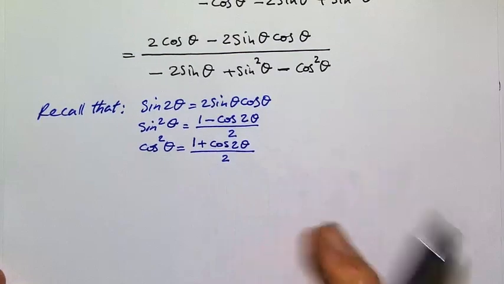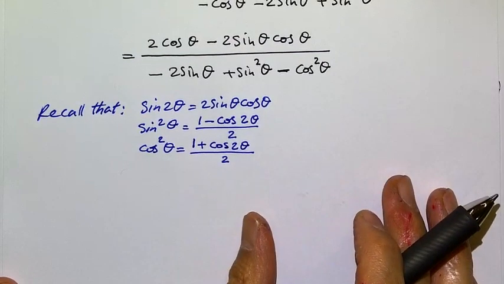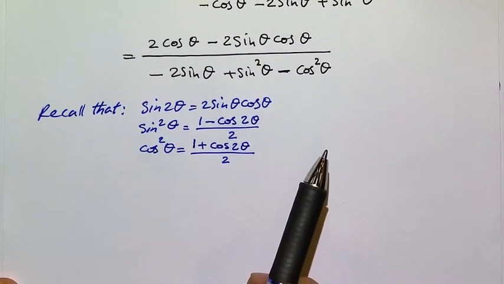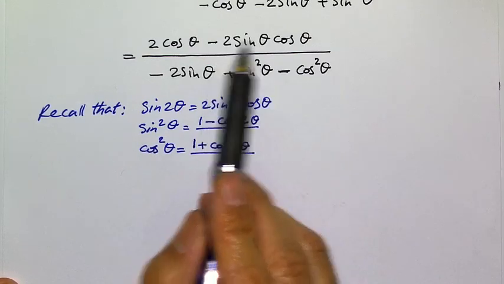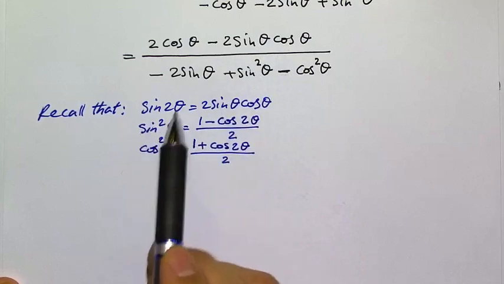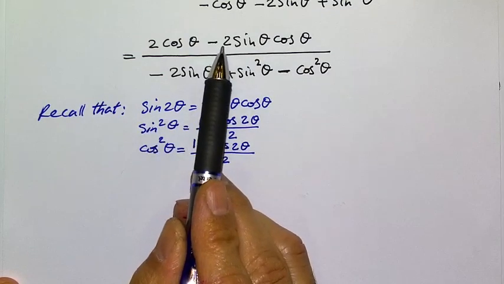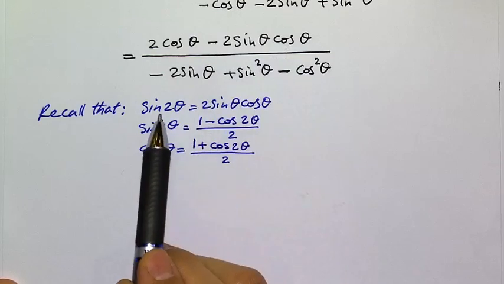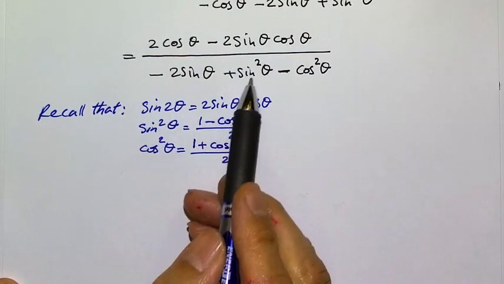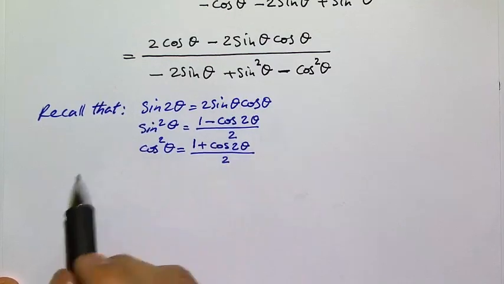Okay, so these are the identities we're going to use here, and we're going to substitute for these. So instead of minus 2 sine theta cosine theta, it's going to be minus sine 2 theta. And then we're going to replace these two with these equivalents.